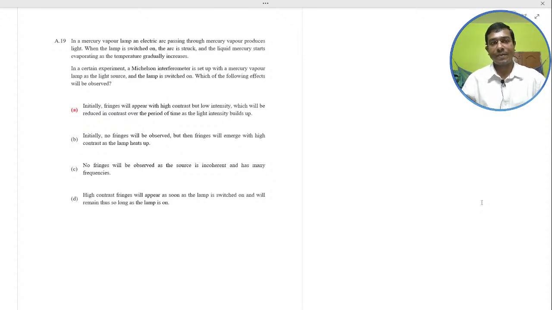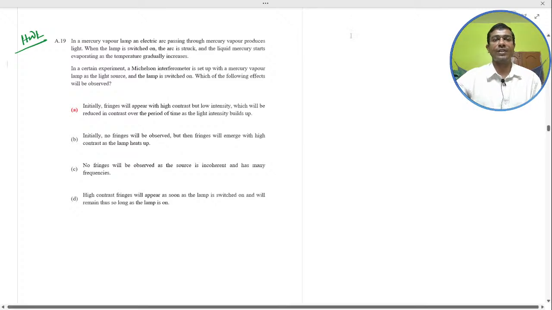In a certain experiment, a Michelson interferometer is set up with a mercury vapor lamp as the light source, and the lamp is switched on. Which of the following effects will be observed? This is a theoretical question. Homework for you, homework number 1. You just read and answer this theoretically.